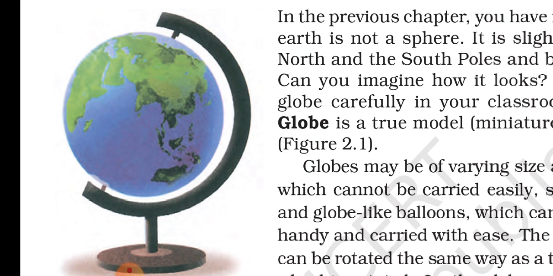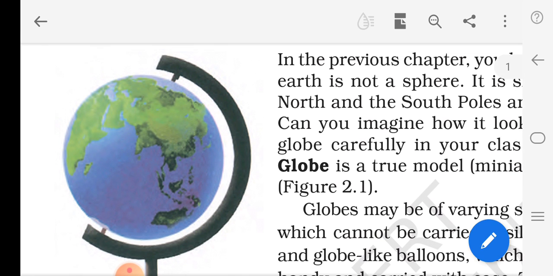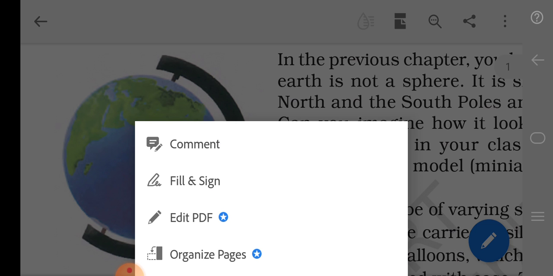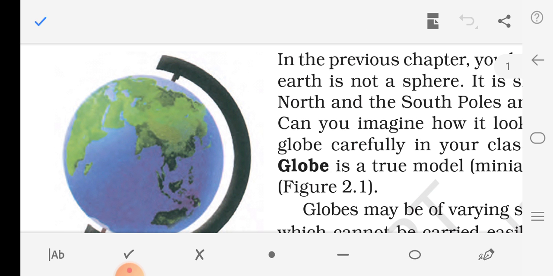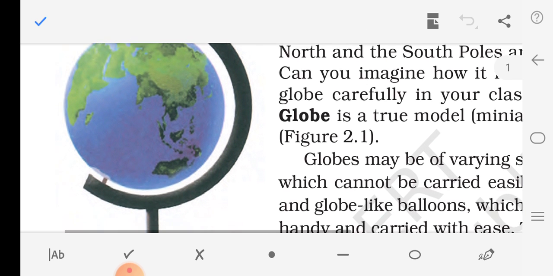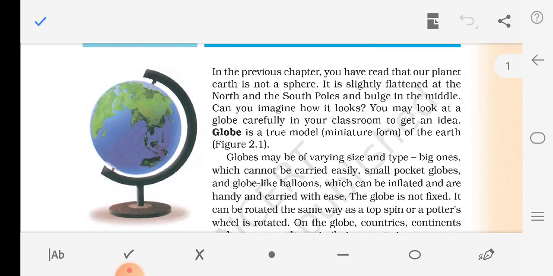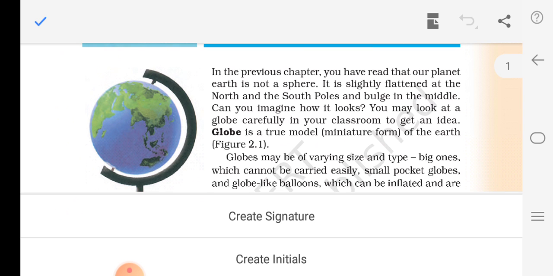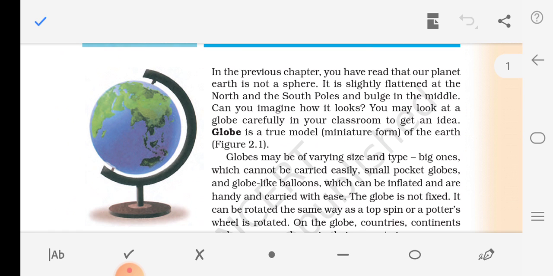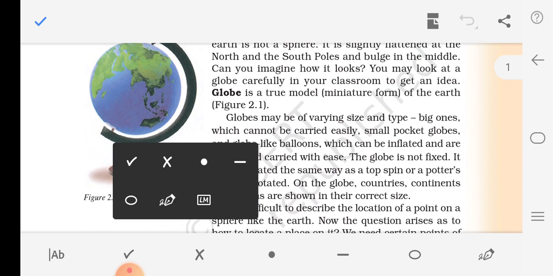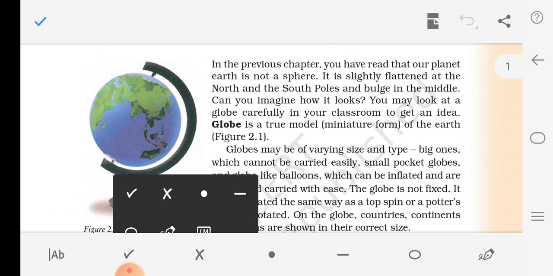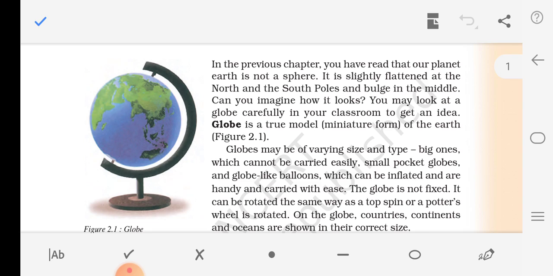See, there is a needle which passes through the globe. This needle is known as the axis.